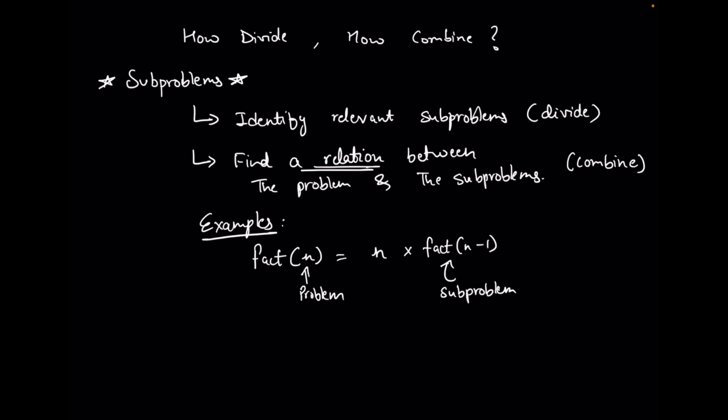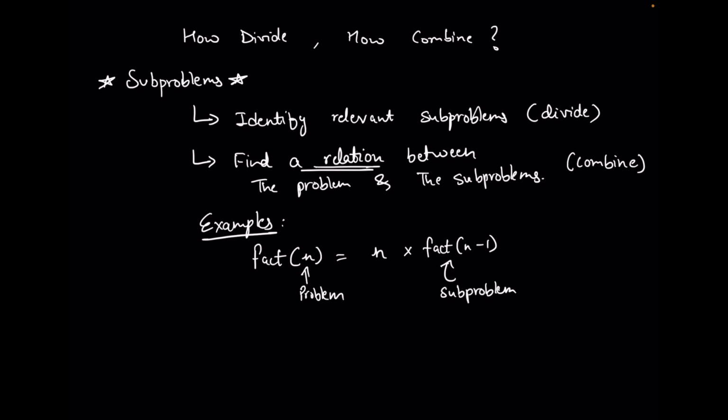This relation helps us identify the relevant subproblem, which is just one here, factorial of n minus 1. And it also gives us a way of converting the solution of the subproblem into the solution of the problem: just multiply it by n and you'll get the answer of fact n, right? So using this relation, we know what we need to do in the divide step, and we also know what we need to do in the combine step.